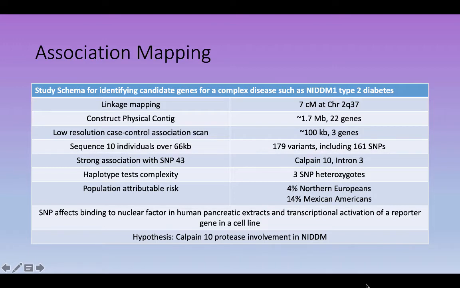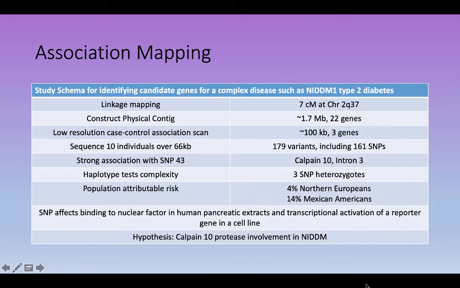We can also take some information from outside, from things like the Gene Ontology or the KEGG database. We've been able to narrow it down to this NIDDM gene, but what is it actually? What could these SNPs in these regions be doing?